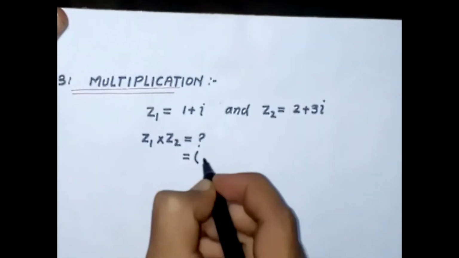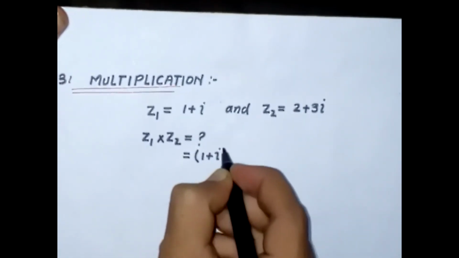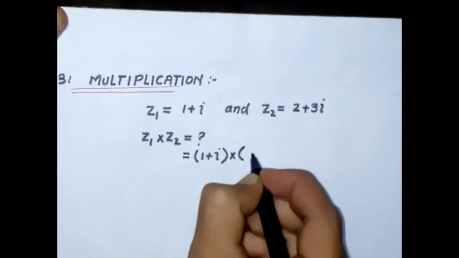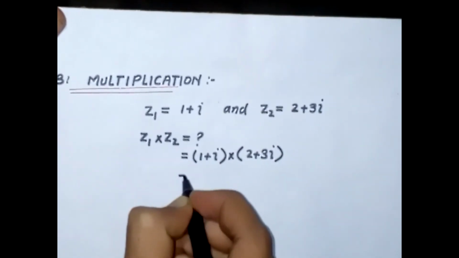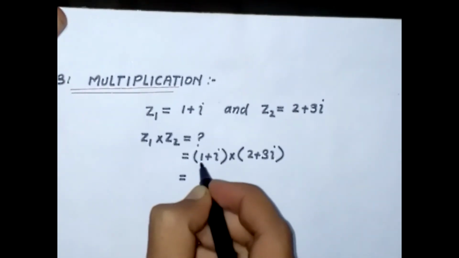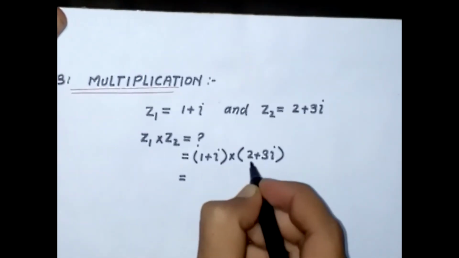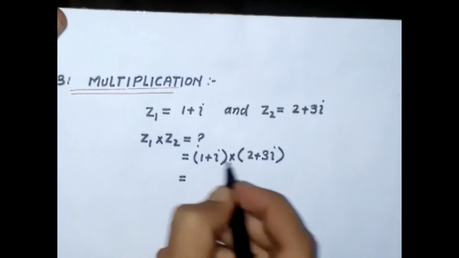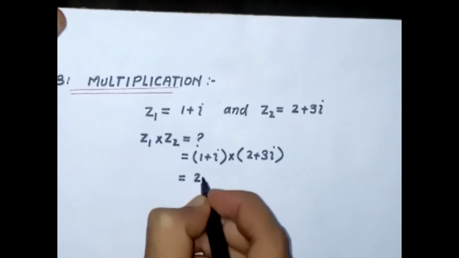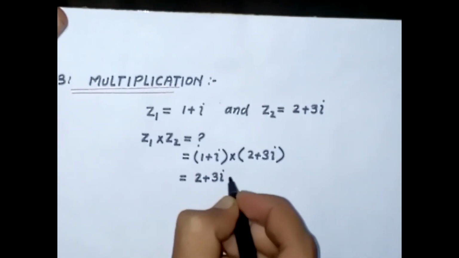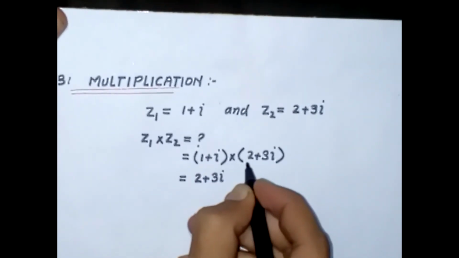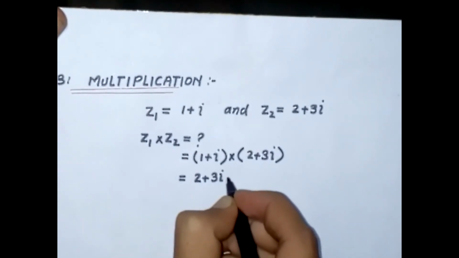Let's put the values: 1 plus i into 2 plus 3i. First multiply the first number by the whole complex number. 1 times 2 gives 2, plus 1 times 3i gives 3i. Then multiply i by the whole complex number.